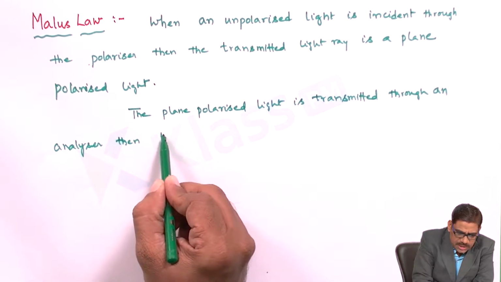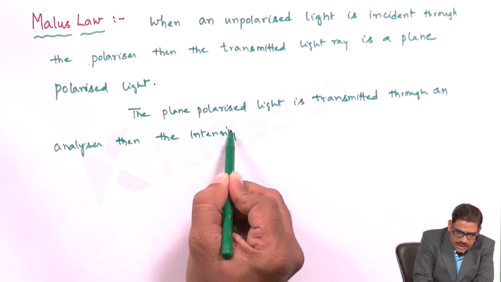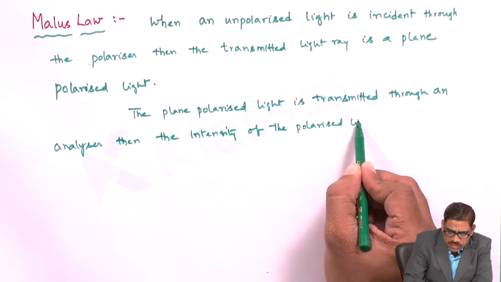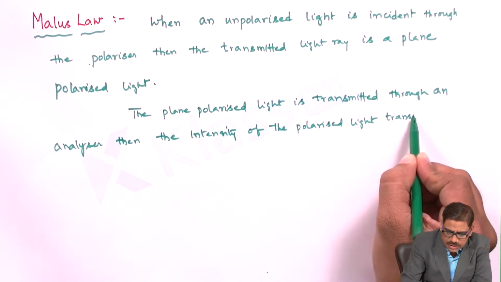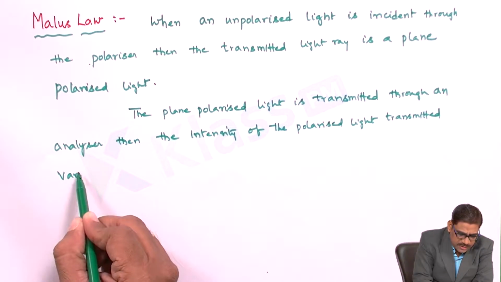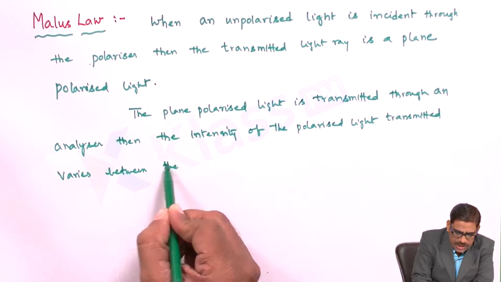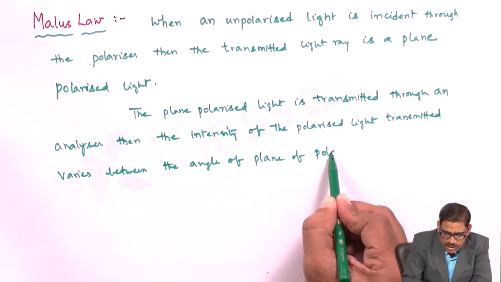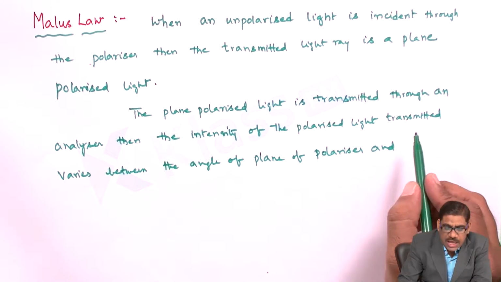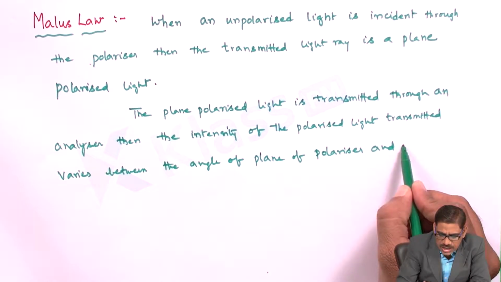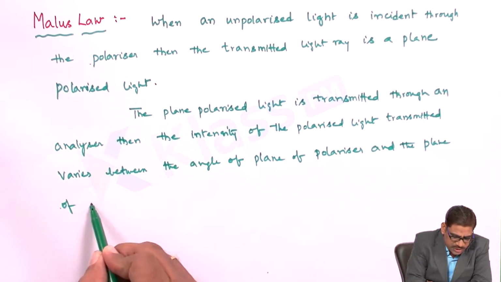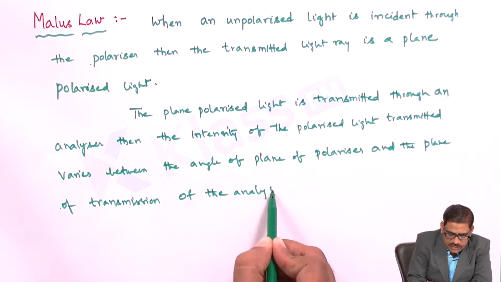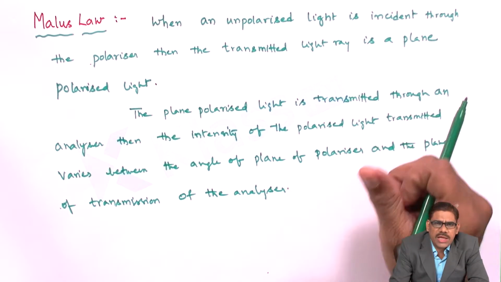Then the intensity of the polarized light transmitted varies between the angle of the plane of polarizer and the plane of transmission of the analyzer. So this is the generalized statement that we are giving here.